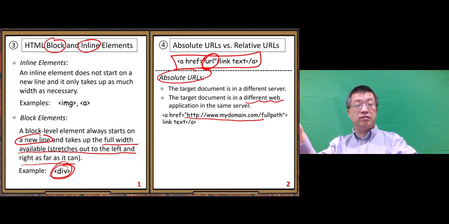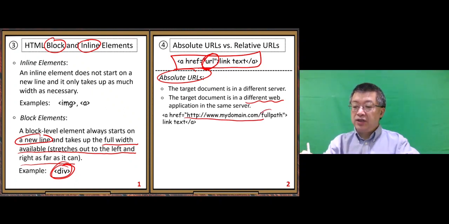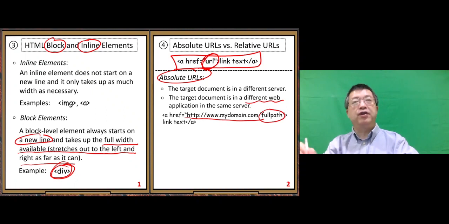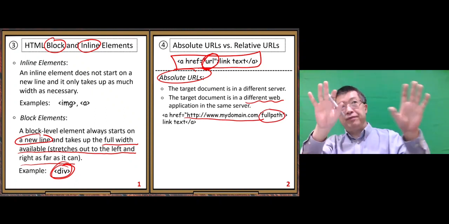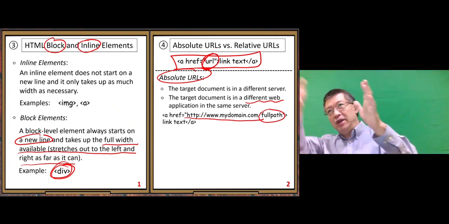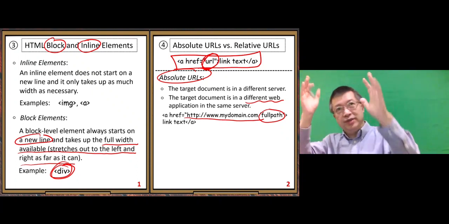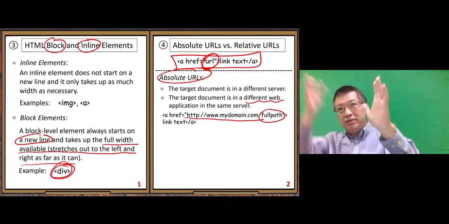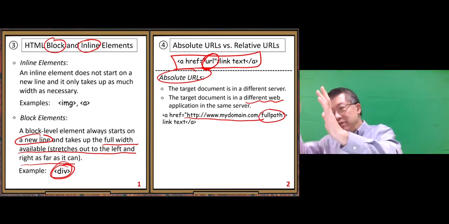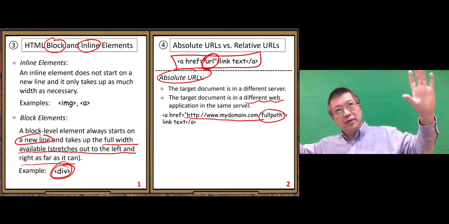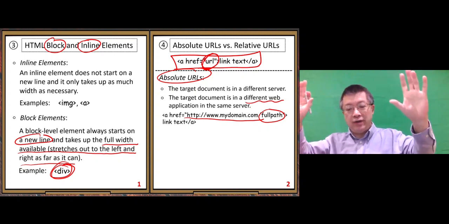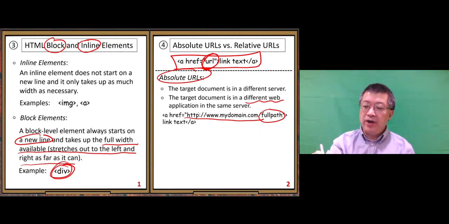After that comes the full path of your resource. It could be a lot of segments: path name / another path name / whatever it is you put there. This is an absolute URL.